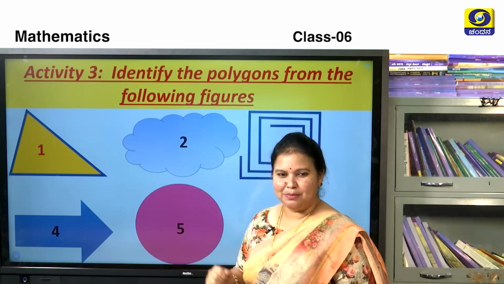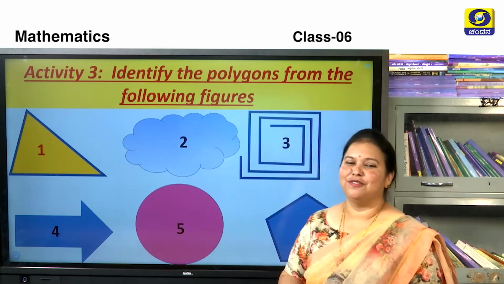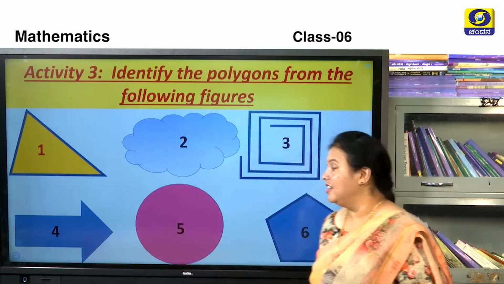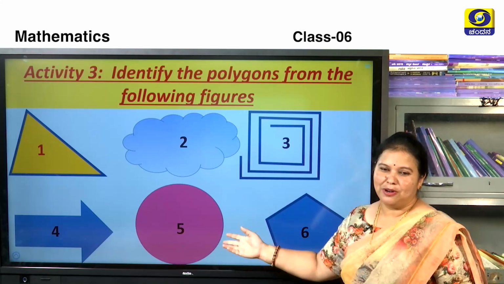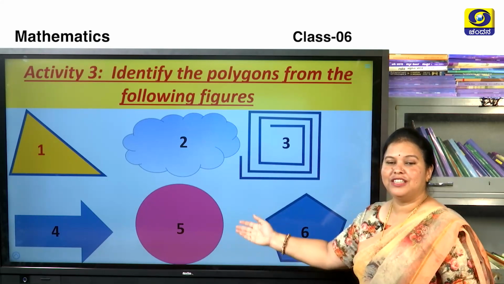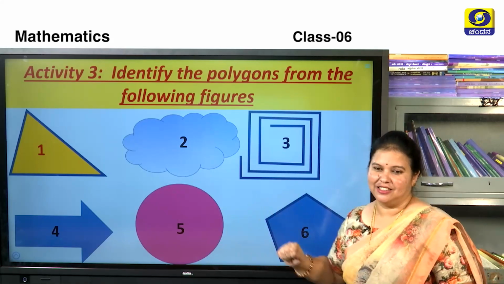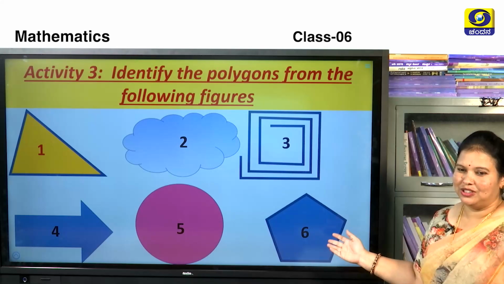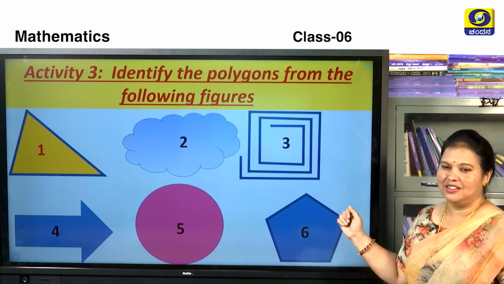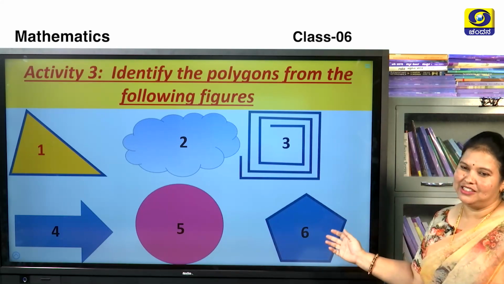Can we call it a polygon? Yes, definitely it's a polygon. And the fifth one, obviously it's not a polygon because it's made up of a curved line and it is a circle. And the sixth one, you have just studied about this. It's a pentagon and it is a five-sided polygon, isn't it?